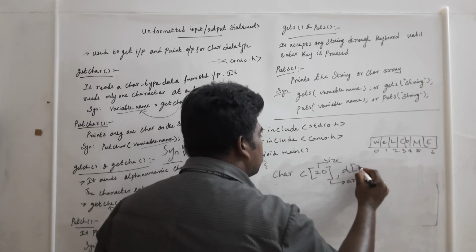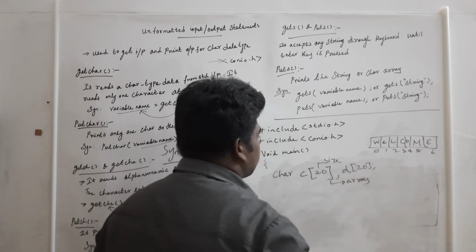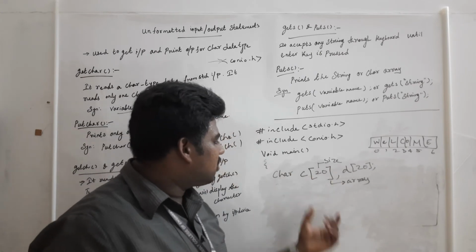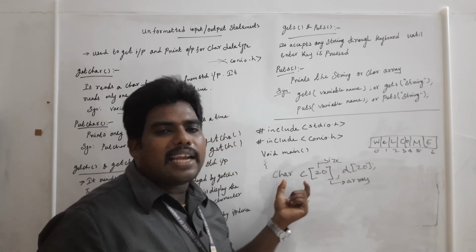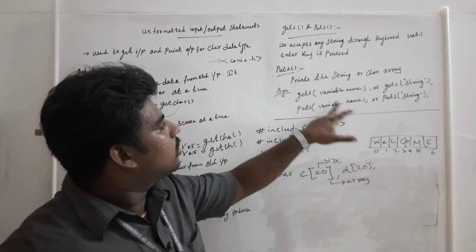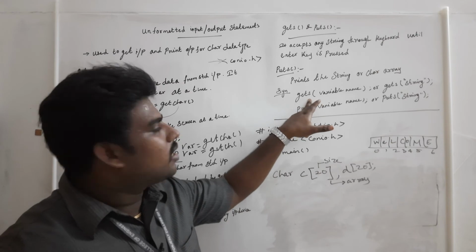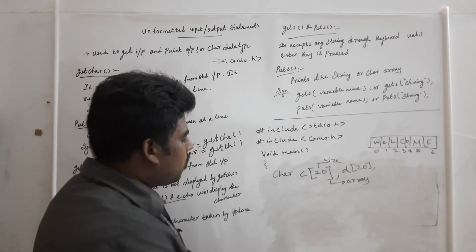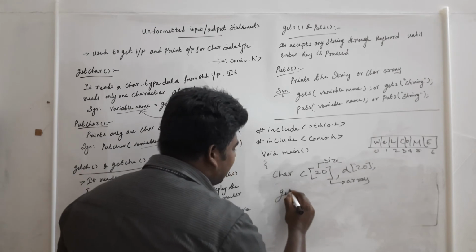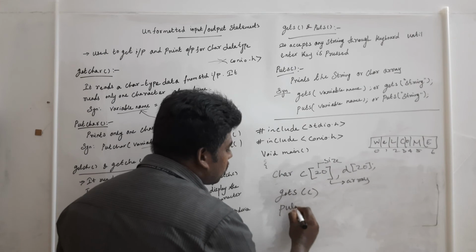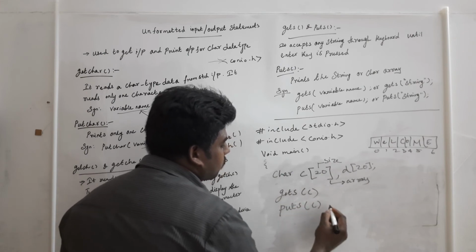I am declaring two arrays. So c is the collection. You are telling that c is a character array. Character array means string. Now what's the syntax? gets of variable name. Here the variable name is c. So you can directly put gets of c, then puts of c.